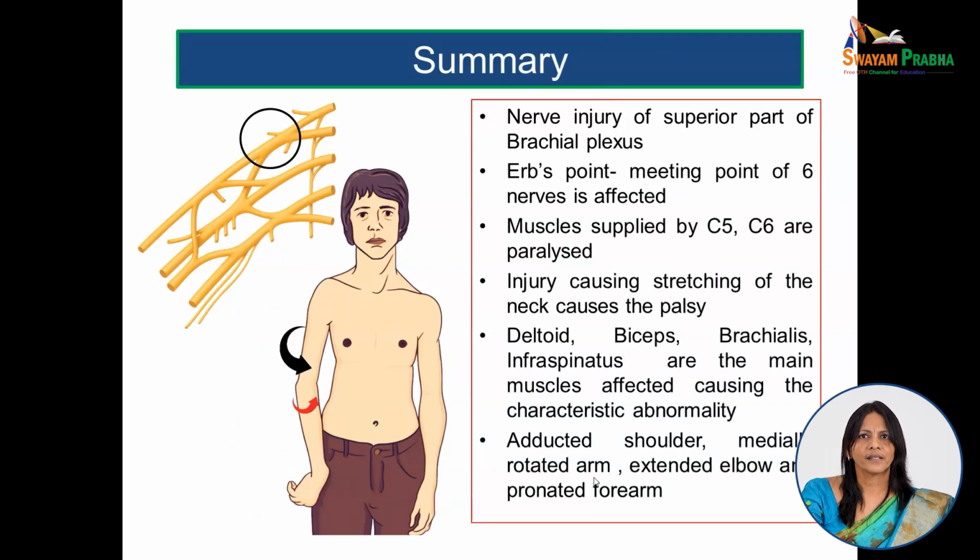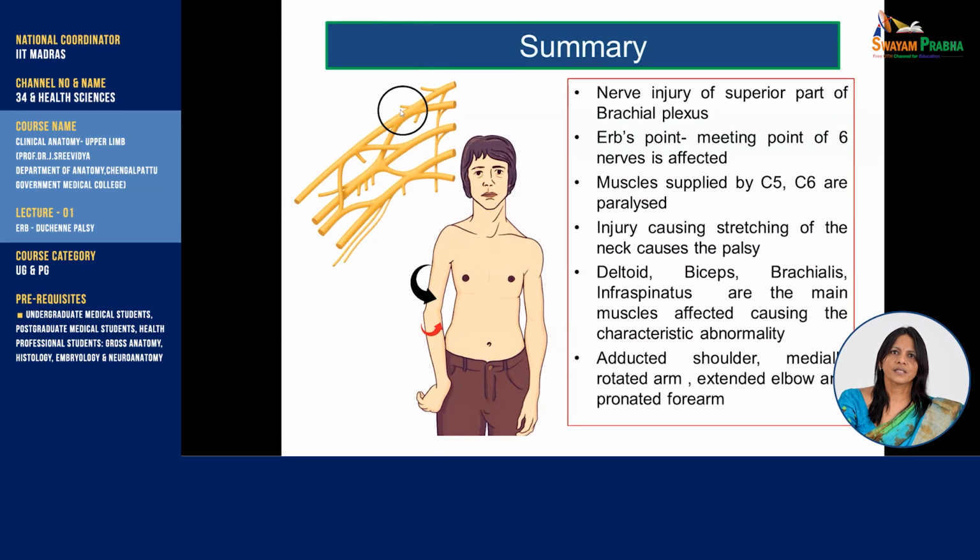So, we come to the end of the topic where I would like to summarize whatever that we had discussed in the last slides. So, what is Erb's palsy? It is the nerve injury of the superior part of the brachial plexus. The Erb's point is affected, which is a meeting point of 6 nerves.